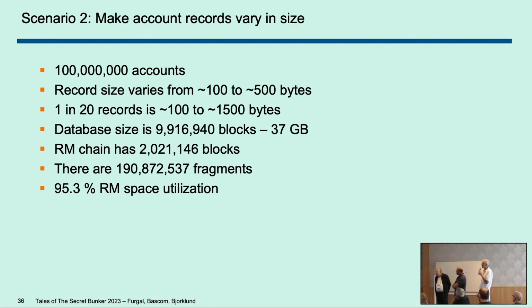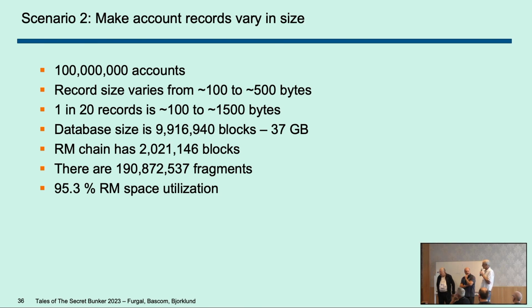So the first scenario, we're using, as Gus said over and over, records that don't have much fragmentation in them to start with, and are all very similar in size. So we wanted to make a database that's a little bit more realistic.